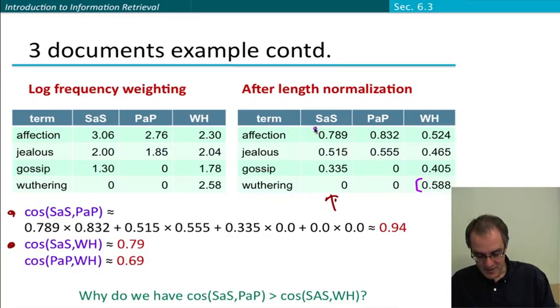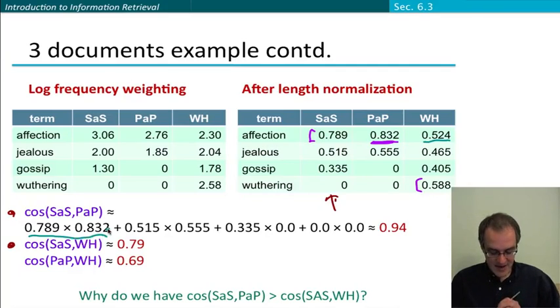The biggest component in the Sense and Sensibility vector is this one, and so that generates a lot of similarity with Pride and Prejudice, which also has that word very prominently represented, where that word is less represented in Wuthering Heights. Therefore this term in the dot product is much larger, and so we get greater similarity. You can see there that the ratio of occurrence of different words in the document has a big effect on measuring overall similarity.